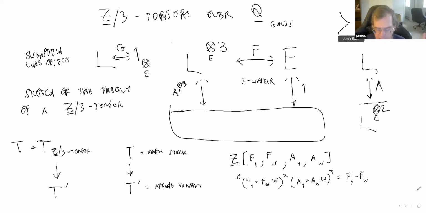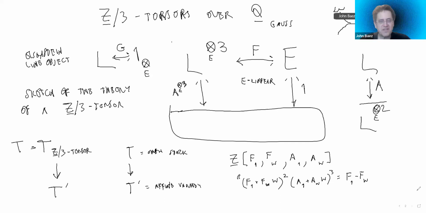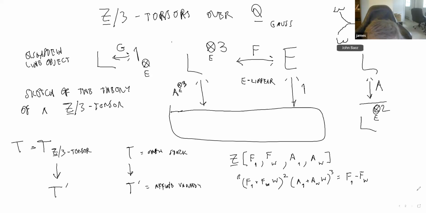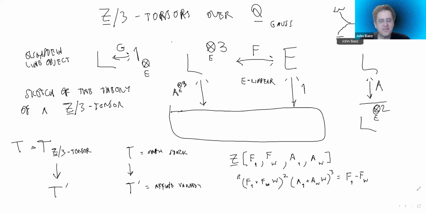Well, in that case, this is going to look ugly. So this is 1. This is omega. This is horrible, sorry. This is omega bar.